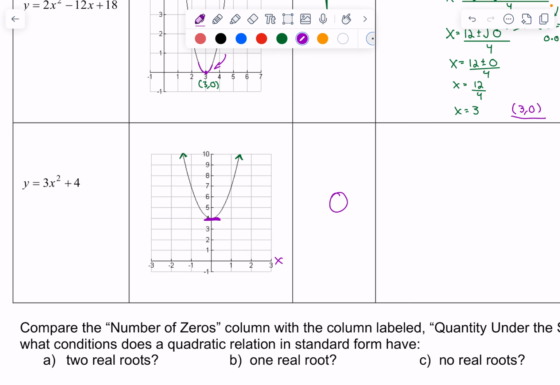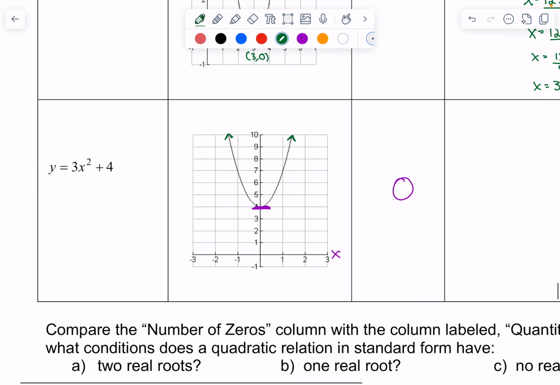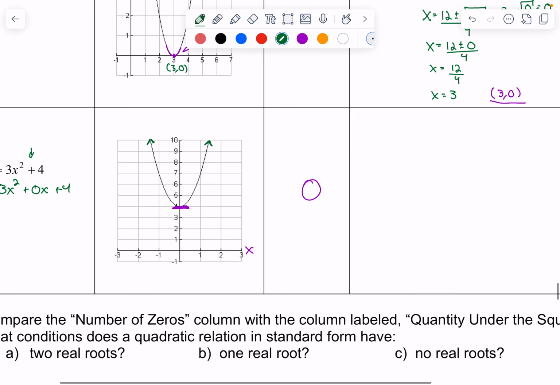And just to make it clear, let's rewrite this formula in standard form. Well, it is in standard form already, but let's make it more obvious. That would be 3x squared plus 0x, because you don't see that middle term there. It is technically being multiplied by 0, plus 4. So we have an a of 3, a b of 0, and a c of 4.